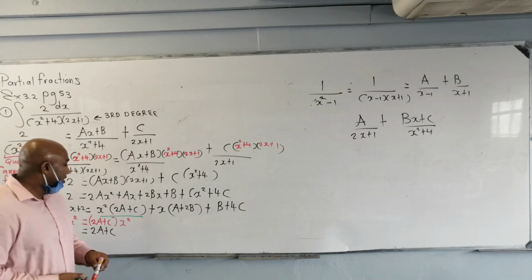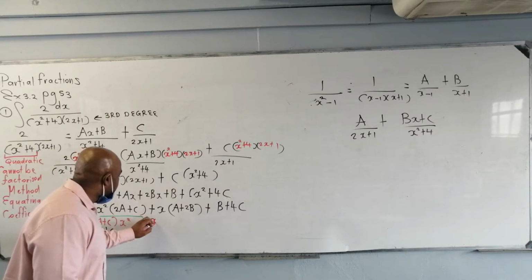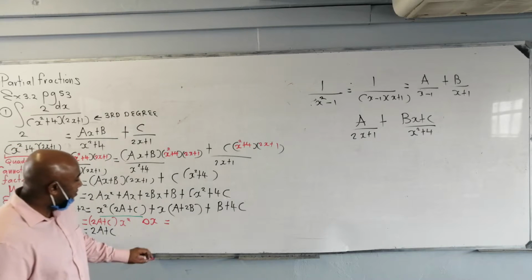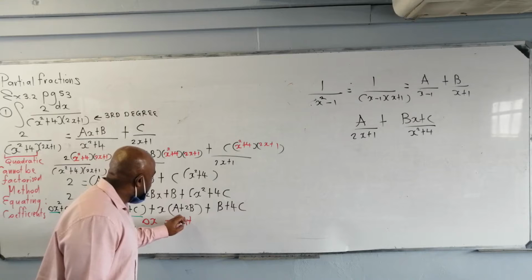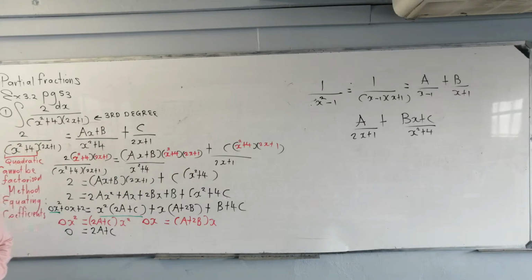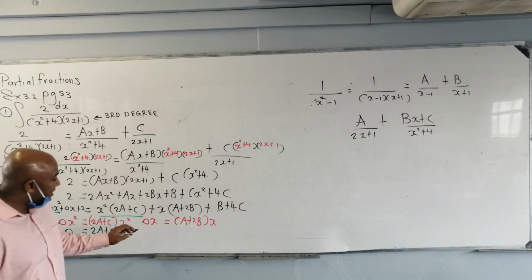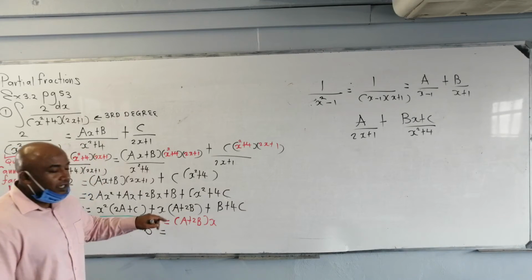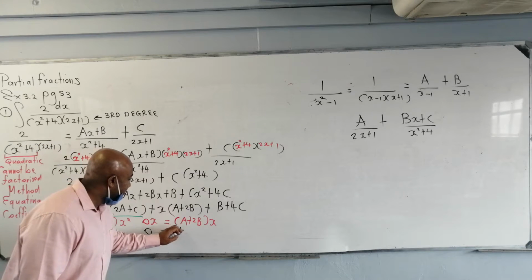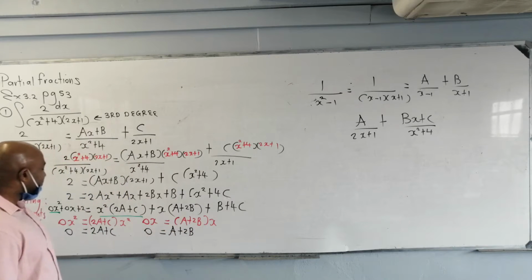Now, let's deal with the next one. I have 0x on the left hand side, and on the right hand side I have a plus 2b times x. So, the coefficient of x on the left hand side is 0, and the coefficient of x on the right hand side is a plus 2b.